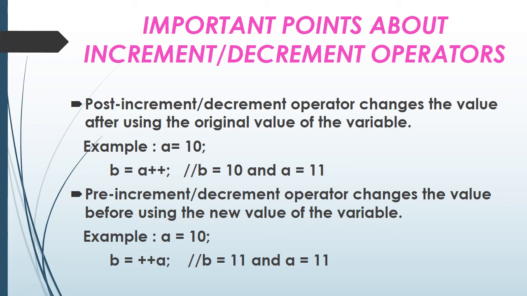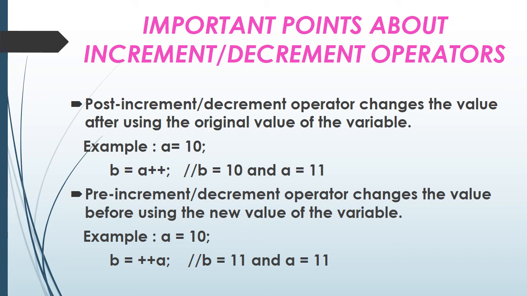For example, suppose a is a variable and its original value is 10. Now I am taking one more variable b, and b will store the incremented value of a. So I will write b = a++. But as I just told you, first it will use the original value and then it will change.